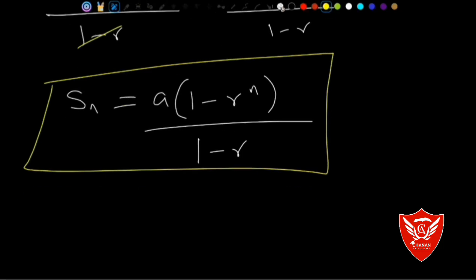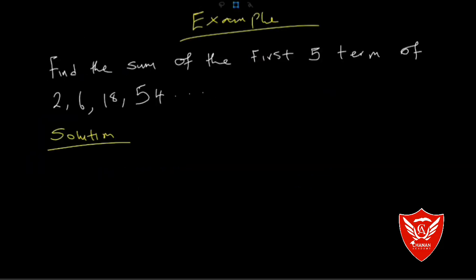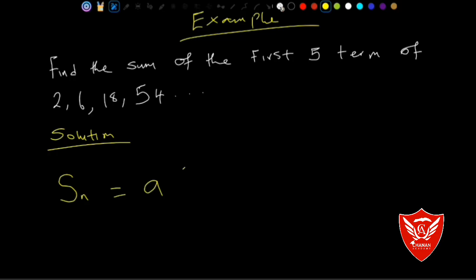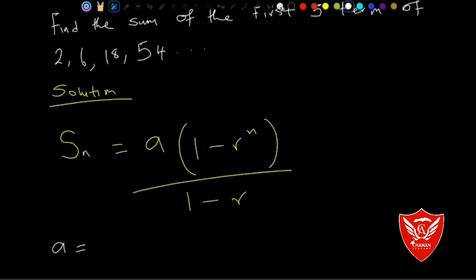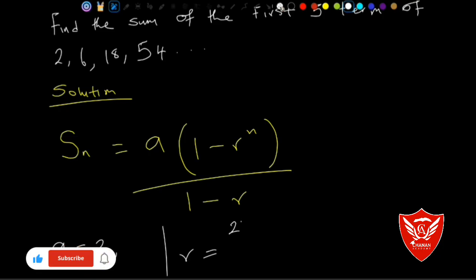Alright, so let's take an example to explain this. Find the sum of the first 5 terms of the sequence. Alright, so let's put down the formula. Sn is equal to a bracket 1 minus r^n all over 1 minus r. a is equal to 2, which is the first term. Our ratio r is going to be equal to the second term divided by the first term.